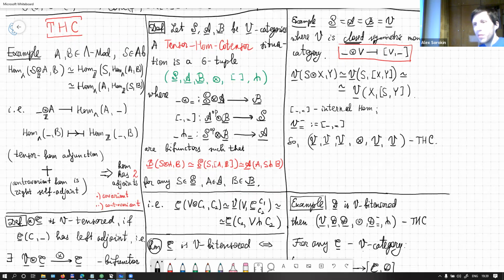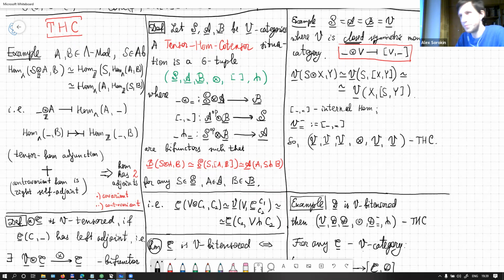So from this example where we have two adjoints, we have actually two covariant adjunctions and one contravariant. We see that it works to think about such a situation in the most general way. It was defined in one of the articles of John Gray, the so-called Tensor-Hom-Cotensor situation or triple adjunction, or many people call this thing differently.